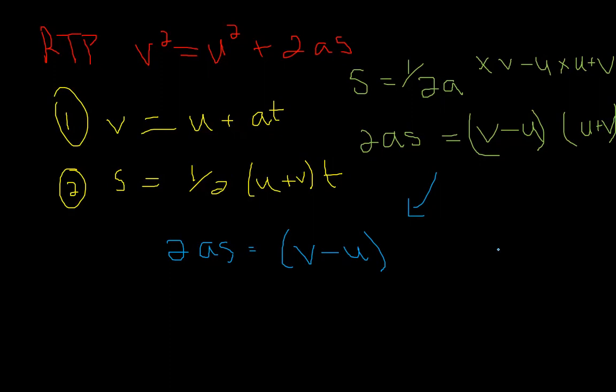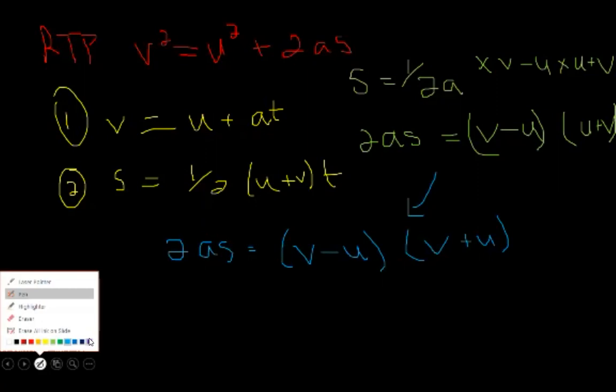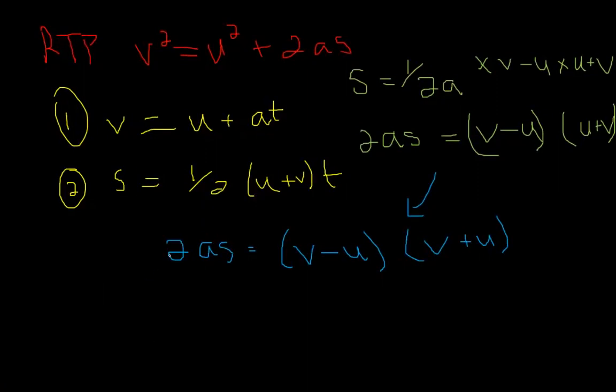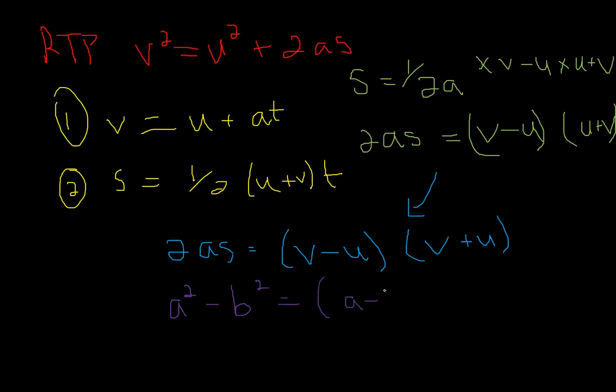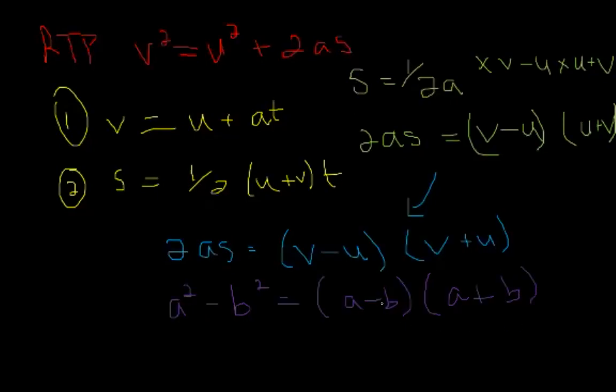So instead of saying u plus v, I can say v plus u. Now you might be able to pick up that this is a difference of two squares. Difference of two squares is generally represented like this. If I have a number a and b, a squared minus b squared is actually the same as a minus b by a plus b. That's how I know this is a difference of two squares.